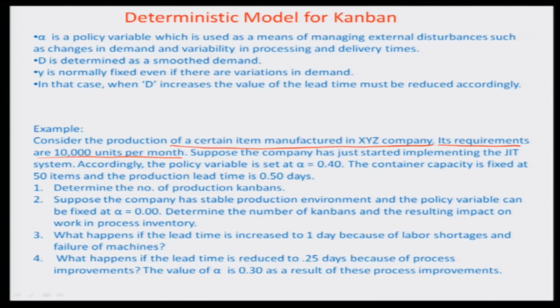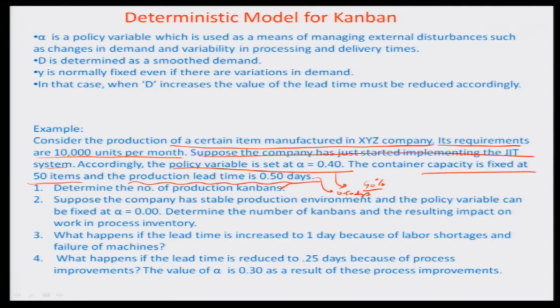And supposing the company has just started implementing the JIT system, and according to the situation, the policy variable is now set at about 40%. So, therefore, about 40% higher stocks are needed at every nook and corner over and above what the JIT system promotes you to have. And the container capacity is fixed at about 50 items per container, and the production lead time that you have is about 0.50 days. So, you want to determine the number of production Kanbans.